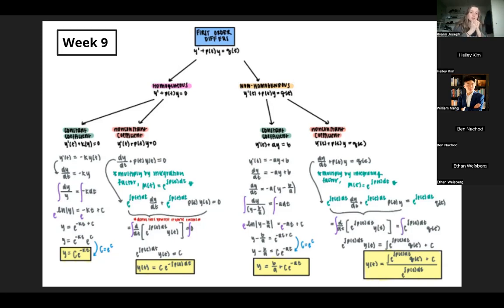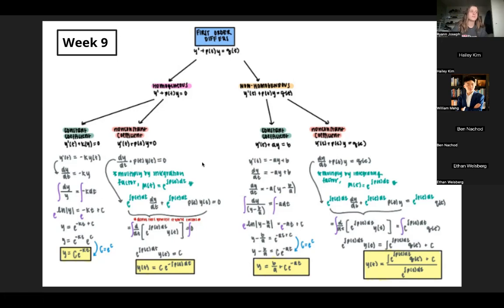Make sure you include the plus c term. If it's an initial value problem, you'll be asked to solve for that constant. So here, this c and this c, and you can also assert that c is equal to e to the c. That's another thing. So being able to solve for this constant term given initial values is very important.